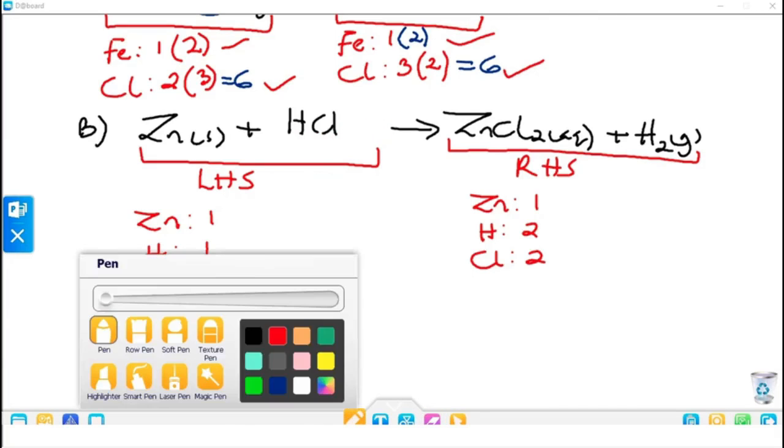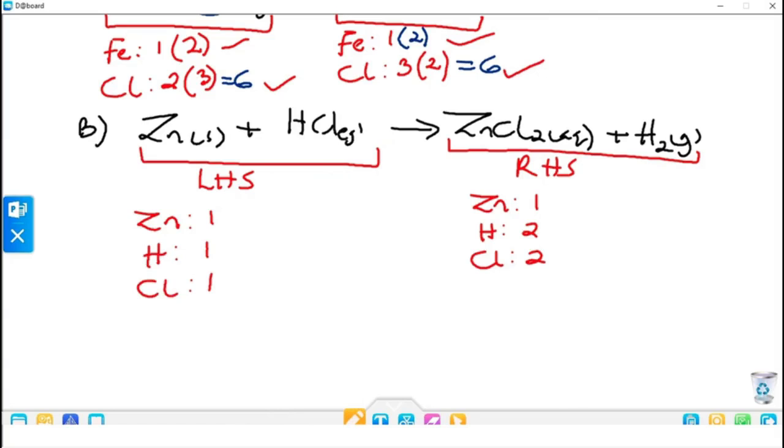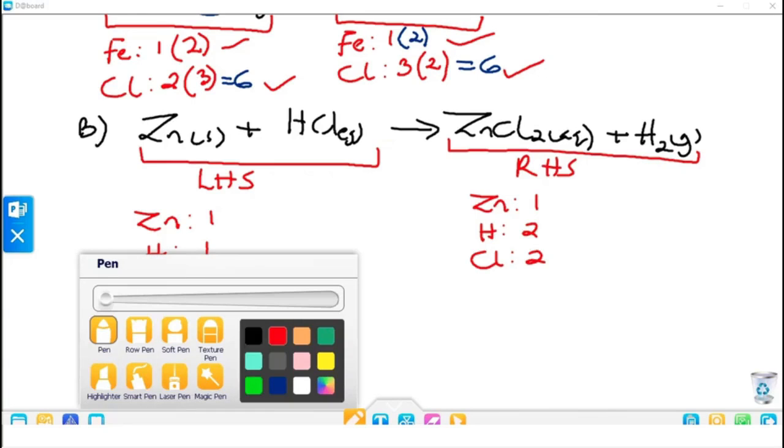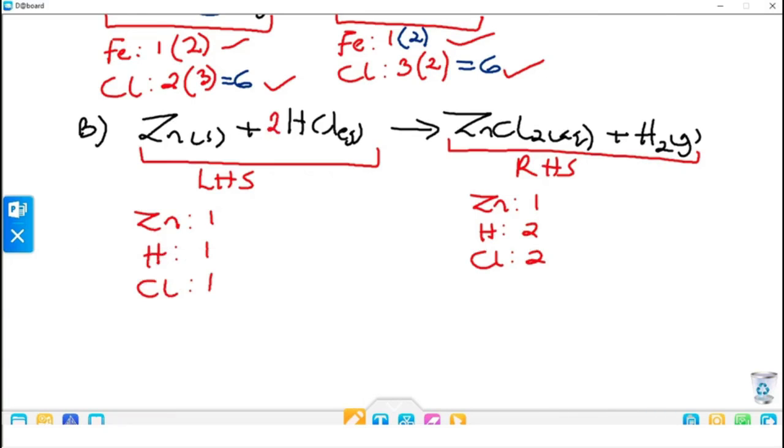To balance that equation, we simply bring in 2 in front of HCl. That 2 is for both hydrogen and chlorine. It does not belong to hydrogen alone, neither does it belong to chlorine alone. So this is how the equation ought to be balanced.